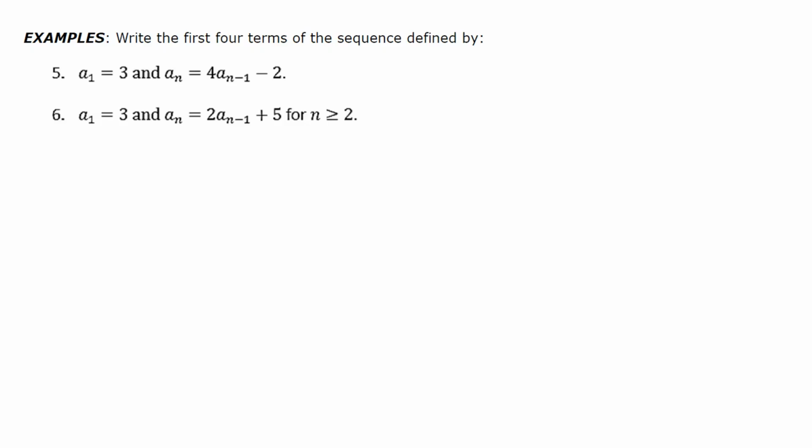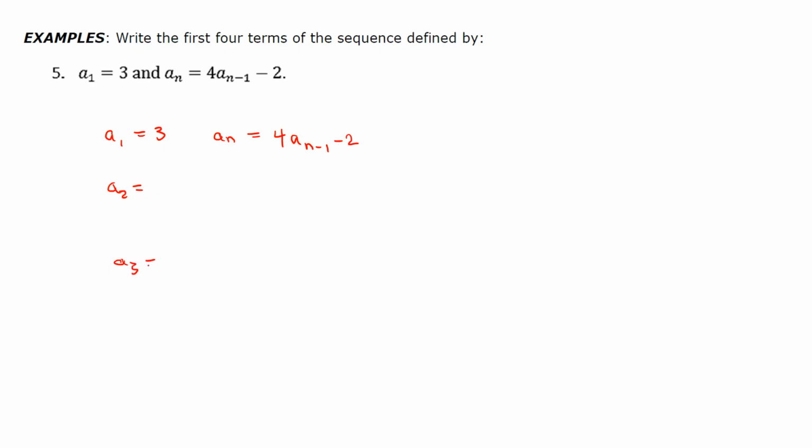So we're going to use that value in order to find the subsequent terms in the sequence. So let's do the first one. So a sub 1 is 3, and our formula is a sub n equals 4a subscript n minus 1 minus 2. So we need to find a sub 2, a sub 3, and a subscript 4.